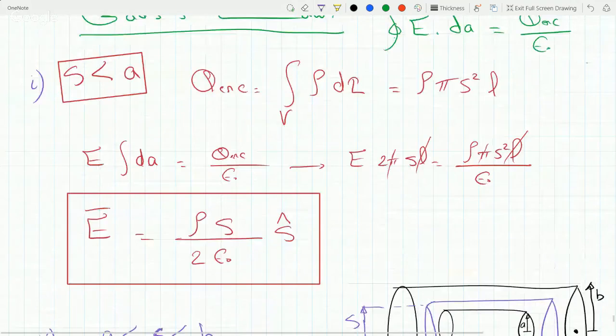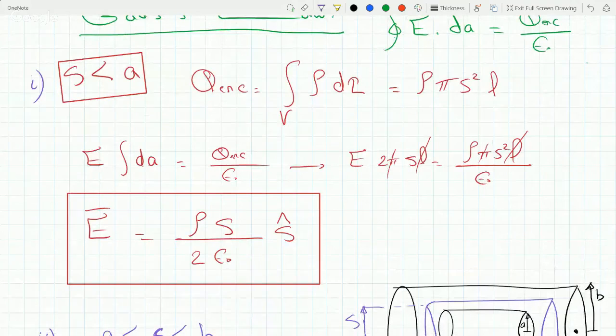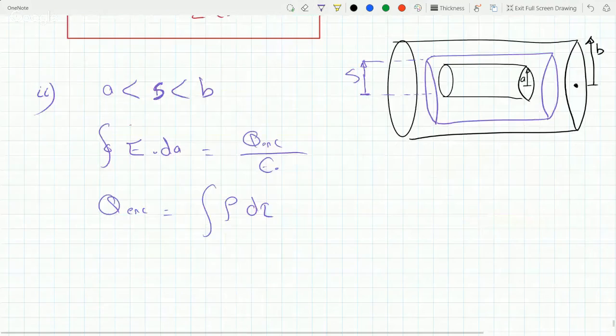But this time, I should have been a little bit more explicit about this. When I did my integral in cylindrical coordinates, I'm just assuming some calculus knowledge here, so I'm not doing this in depth. I integrated from 0 to s on the previous part. Here, I would have to integrate from 0 to a because I'm enclosing my entire inner cylinder, because the entire charge on the inner cylinder is in my Gaussian surface.